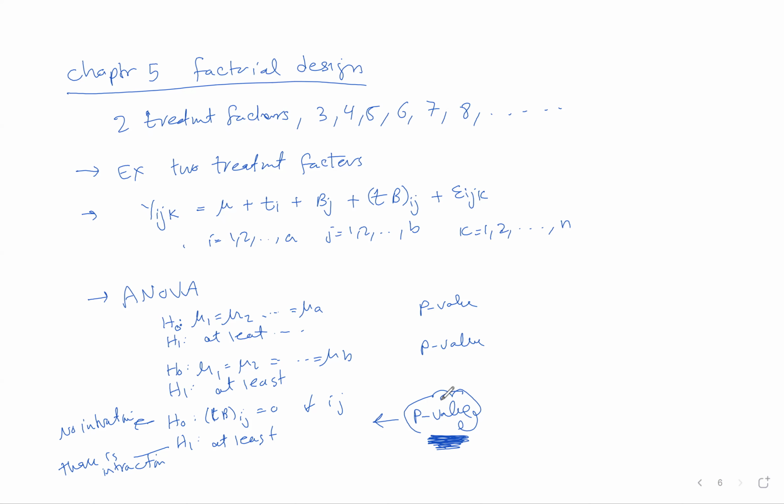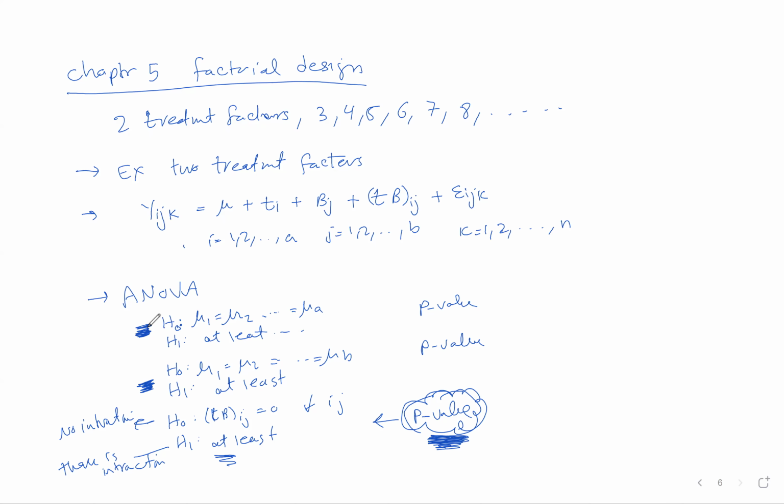But if this one is smaller than the significance level, the interaction is significant. So when you test this one, it should be at some level of this one. When you do multiple comparison for this one, it should be at some level of this one.